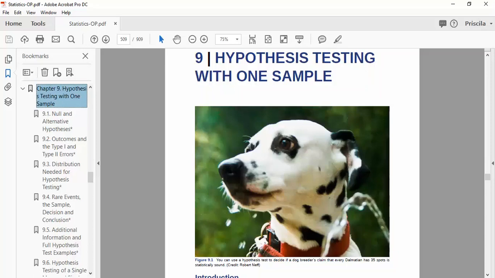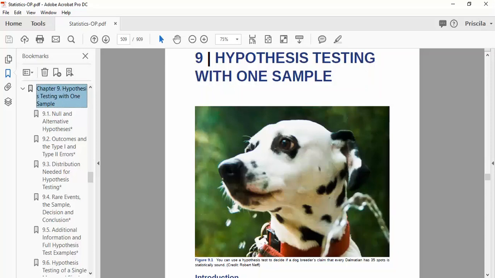So the moment that you put your claim out there, the recruiter is going to test your claim. Either he's going to take the claim as acceptable and hire you, or he's going to test that it is not true, and then he's going to reject it, and he's not going to hire you.